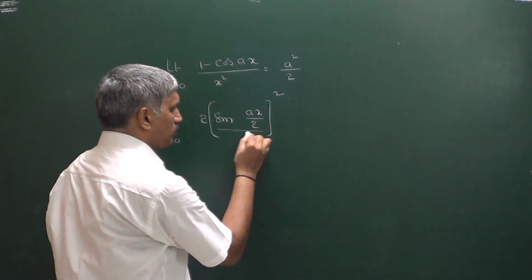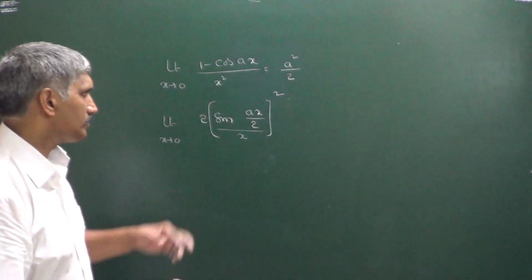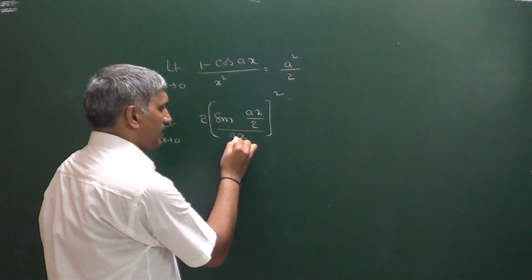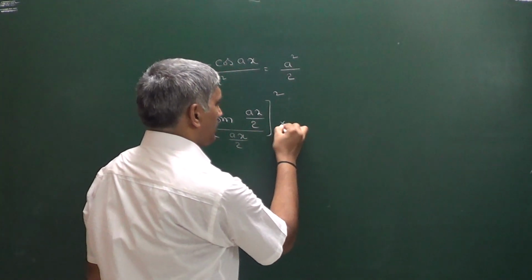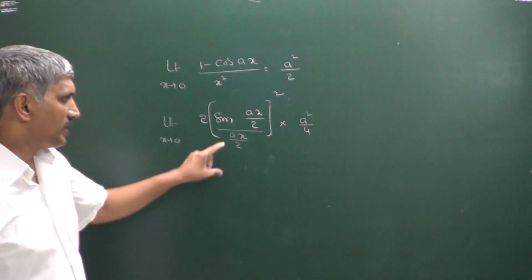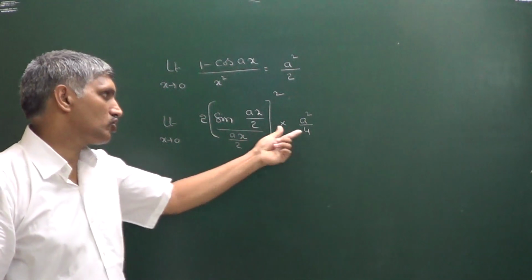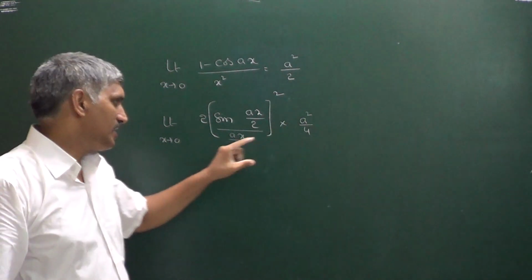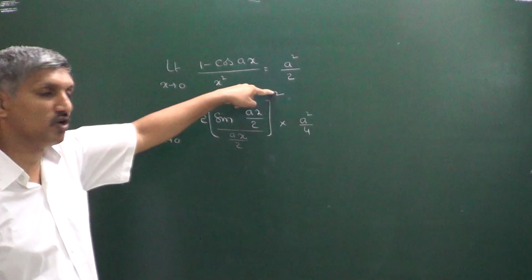Now observe here, x square is there, which I have written here as x. Now multiply with a by 2, so definitely we have to divide with a by 2. Numerator is multiplied with a by 2 whole square, and denominator is multiplied with a by 2 whole square.